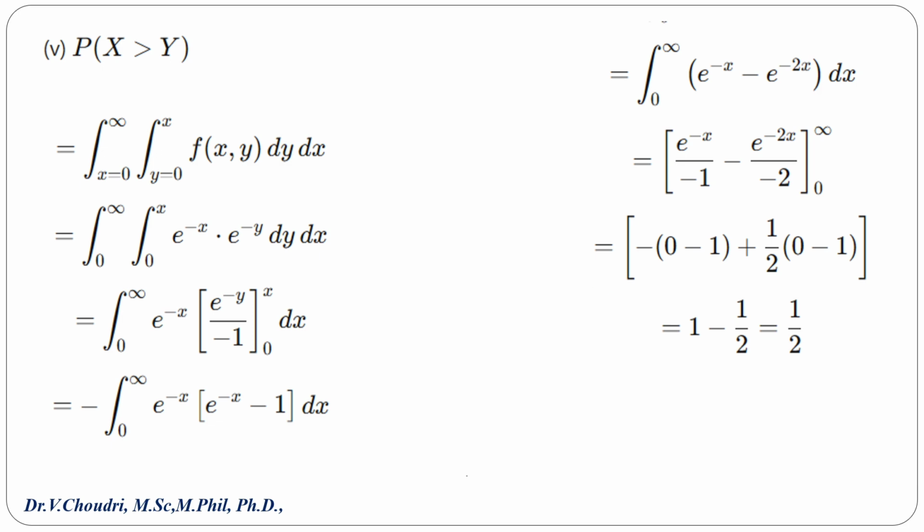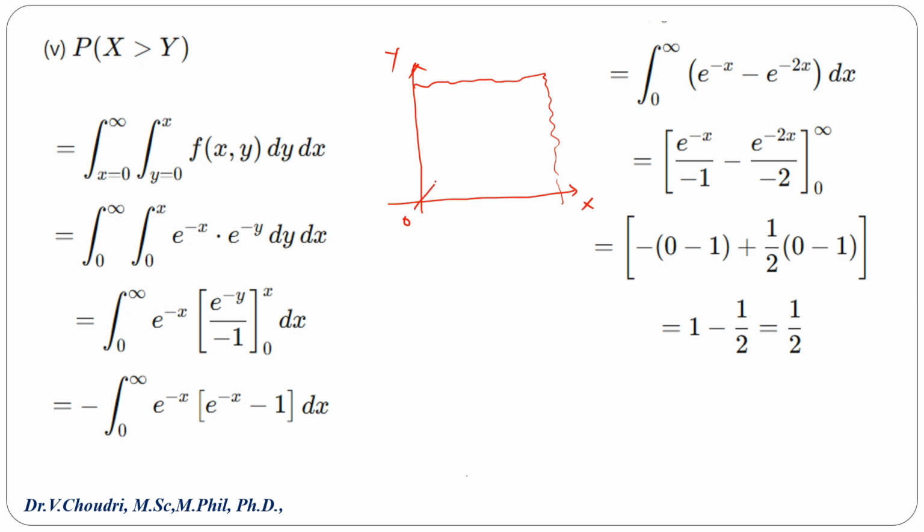Now fifth one, probability of x greater than y. Here also we are going to use two variables. See, the given region is a rectangular or square region, which mostly extends to infinity. So in this region bounded by the x-axis and y-axis, what about x equal to y?